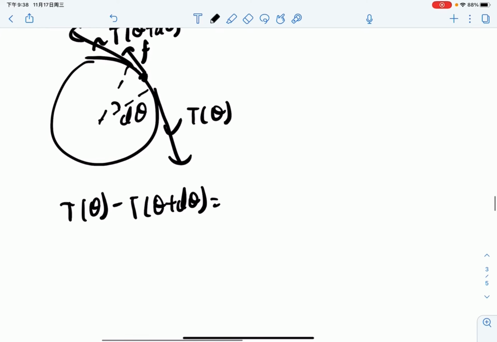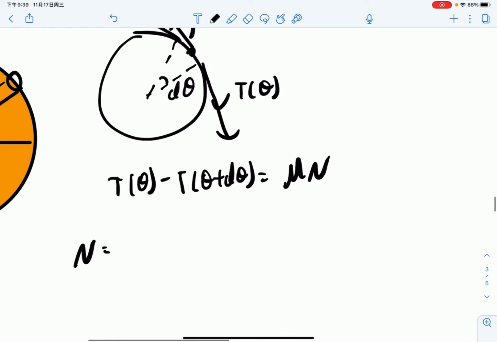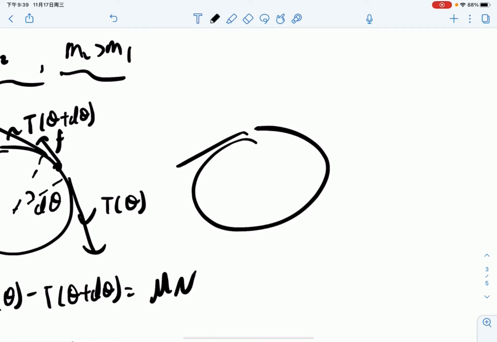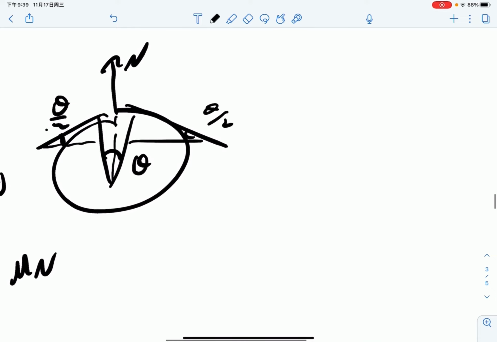In this case, mu n, and we know that n is just going to be equal to T theta d theta, and I'll just draw the diagram. We know that this angle is d theta, so this angle is d theta divided by 2, and this angle is also d theta divided by 2. And so now, in the direction of the normal force, the total tension that is opposing is just going to be 2T sine this.